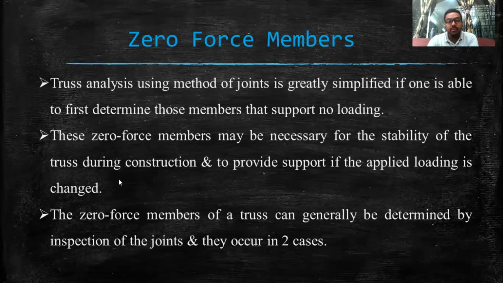The zero force members of a truss can generally be determined by inspection of the joints, and they occur in two cases. To find the zero force members, we need not go for mathematical calculations. Just by simple inspection and basic concepts, by looking at the joints itself, we can find out whether a particular member is a zero force member or not.